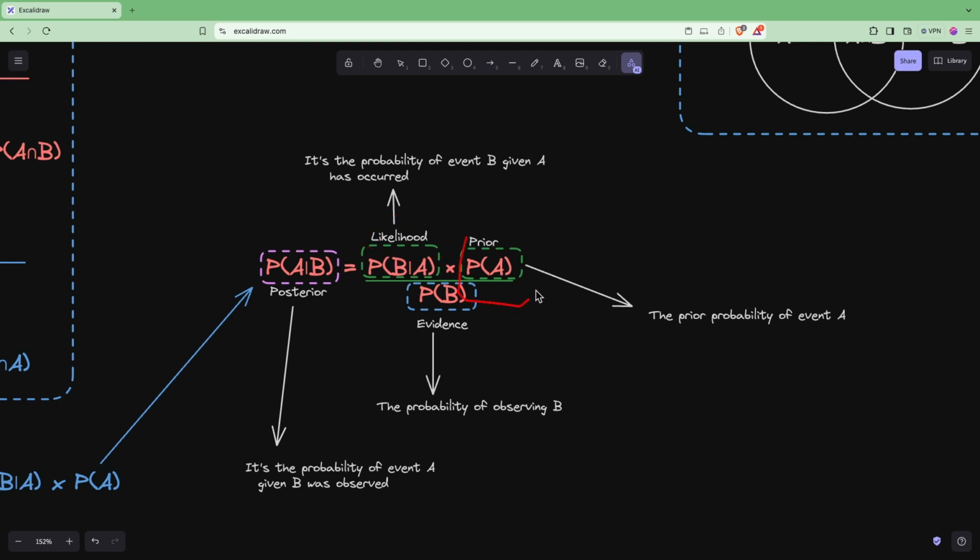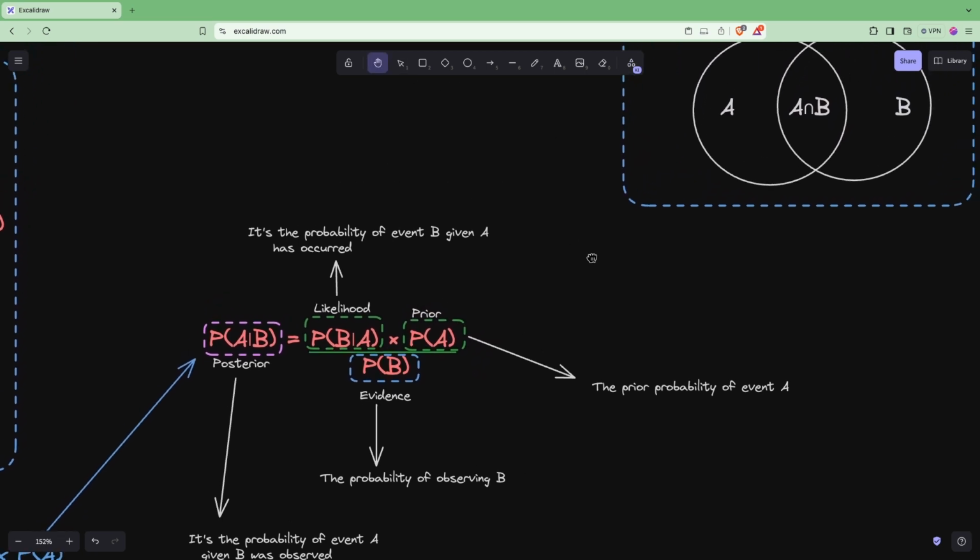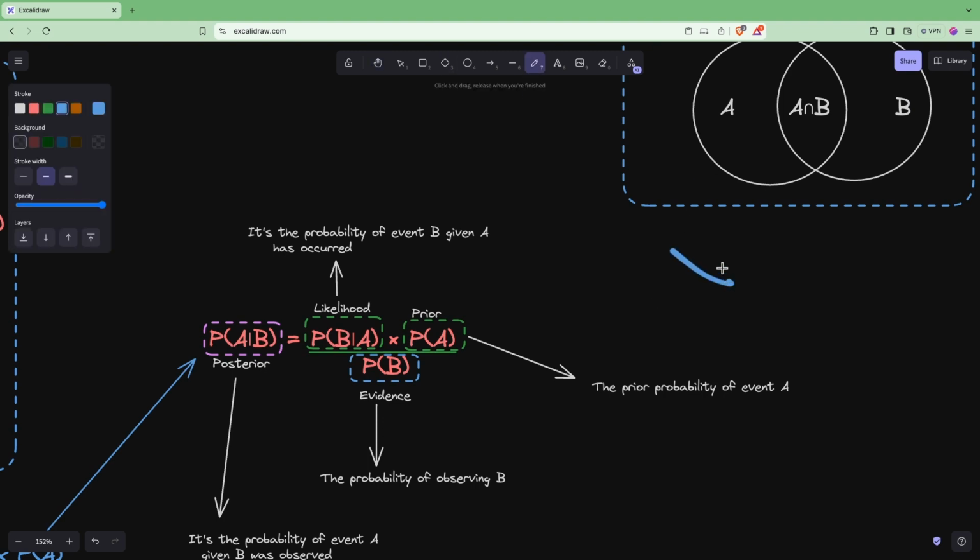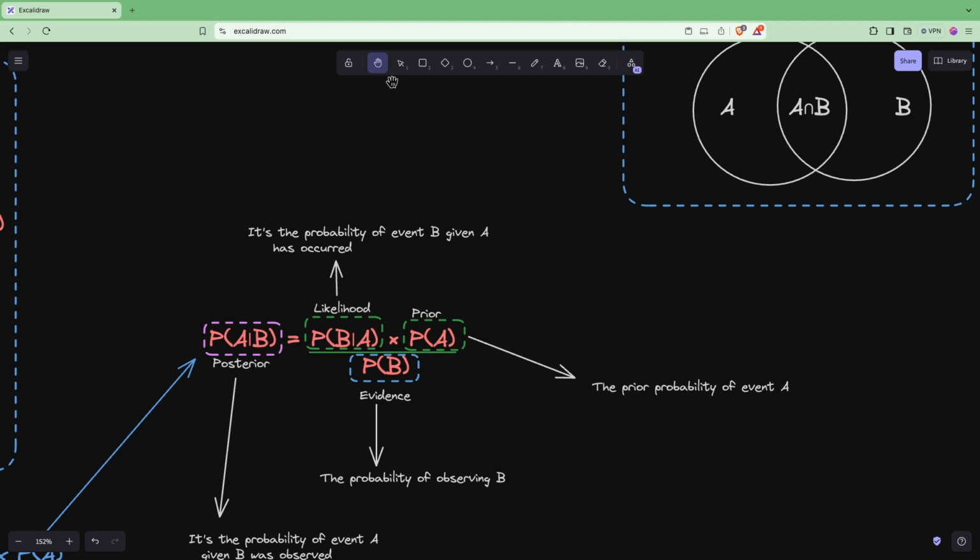And this is the prior. What does prior mean? We would have some belief that A has a certain probability. Now what we are doing is updating our information.